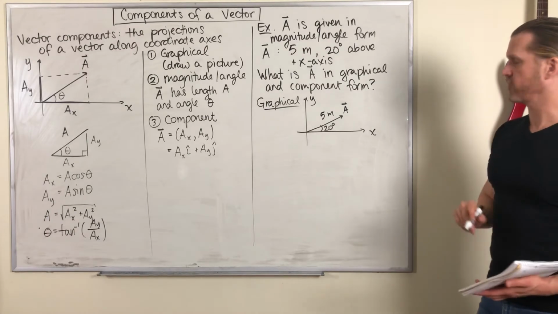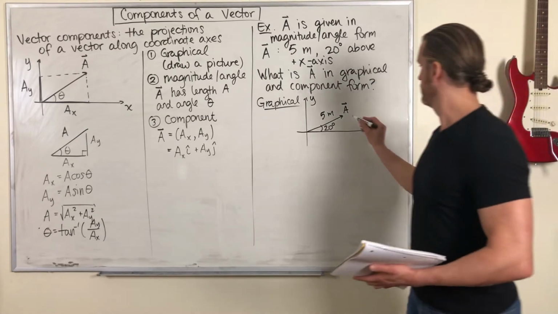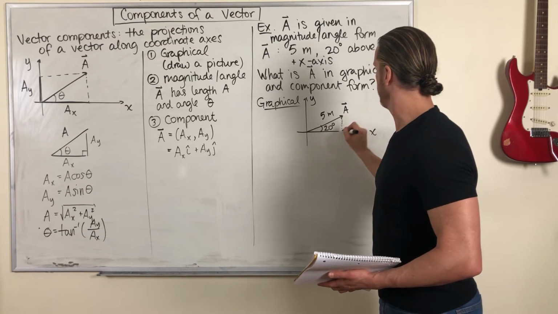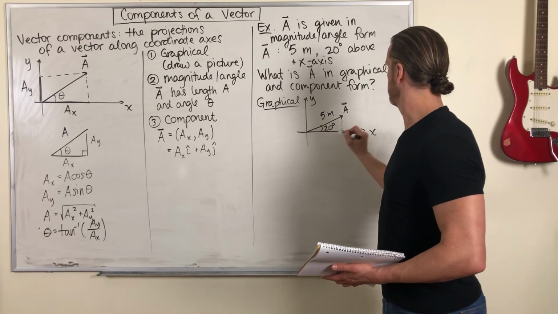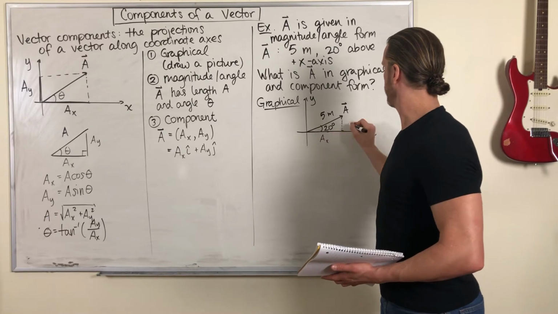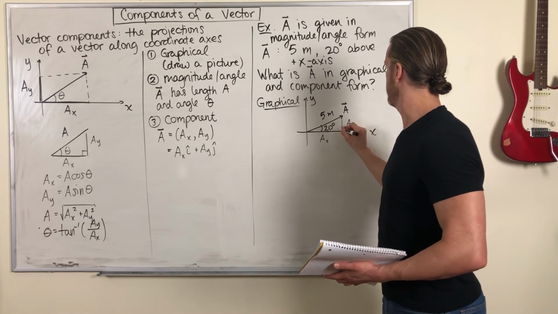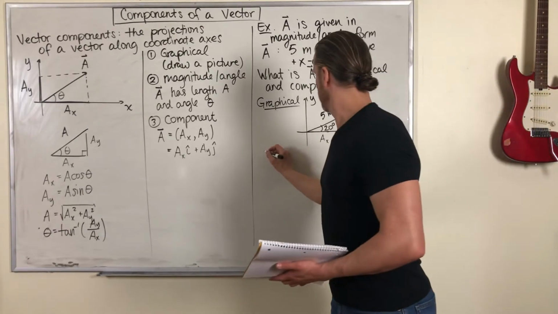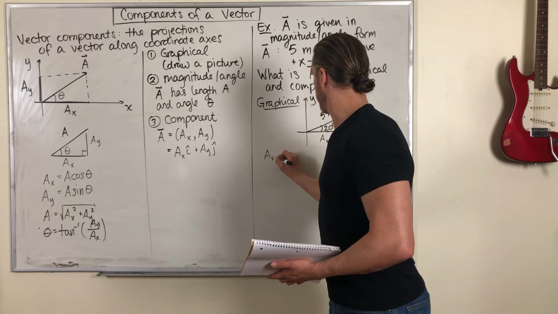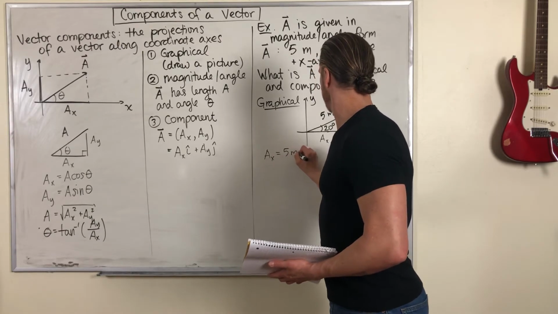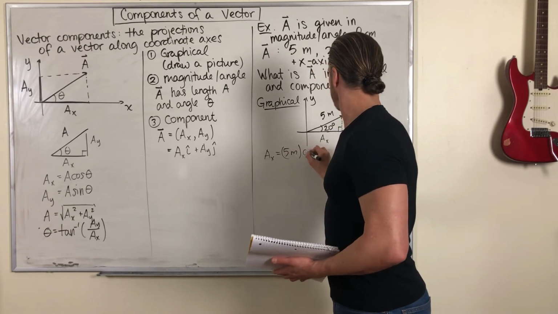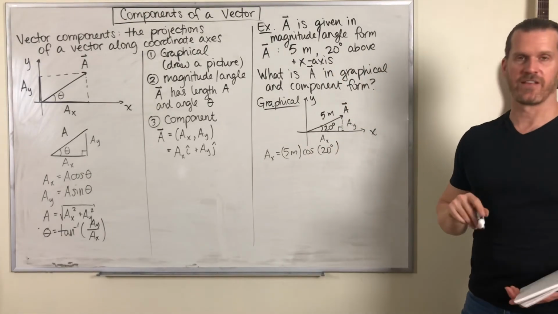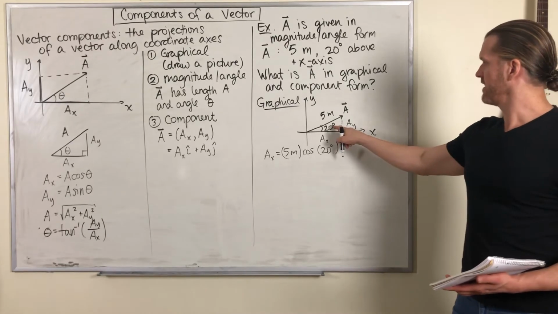Now let's find the components of vector A. So we can think of vector A as being the hypotenuse of a right triangle, where we've got two sides, A_x and A_y. There's the right angle. And trigonometry says that A_x will be 5 meters times cosine of 20 degrees, because that's the adjacent angle.